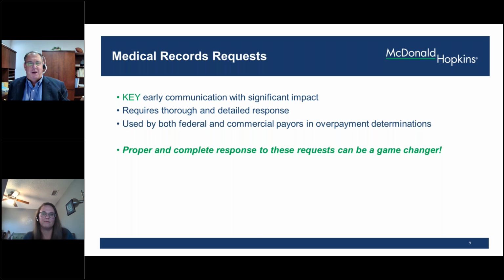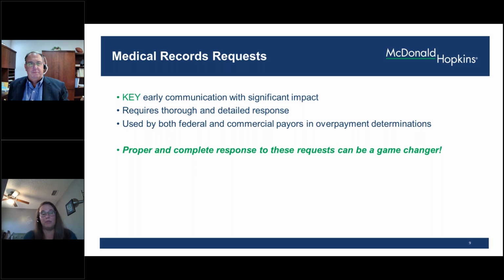So sometimes you may go through the appeal process, and it may cost you as much to do the appeal as what you're fighting over, but you're also setting precedents and trying to make sure that your error rate doesn't lead to more audits and referral to some of these more severe outside auditors outside of the true Medicare program contractors. And that's a really critical point, and I'm glad you brought that up.